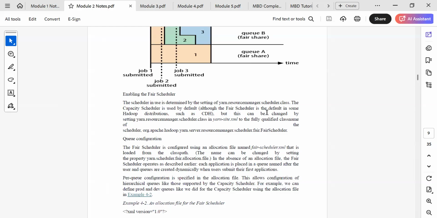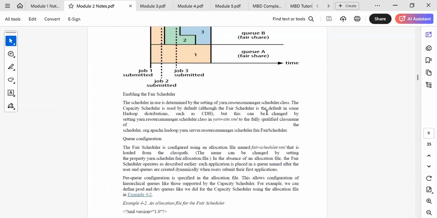Per-queue configuration is specified in the allocation file. This allows configuration of hierarchical queues like those supported by the capacity scheduler. For example, we can define production and development queues like we did for the capacity scheduler using the allocation file.